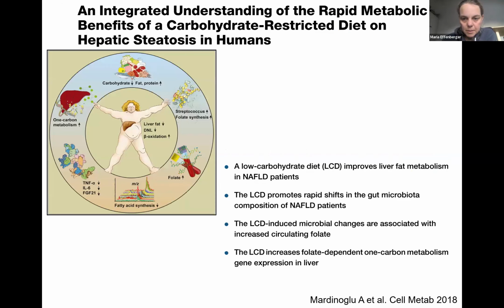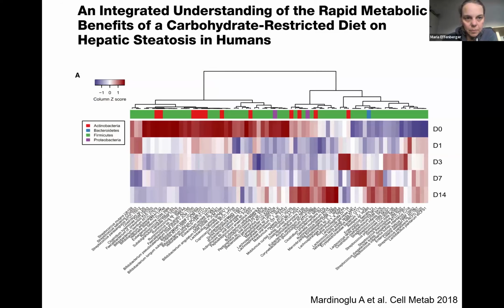And as you can see, this low-carb diet improves liver fat metabolism. It promotes rapid shifts in the gut microbiota composition. It induces microbial changes with increased circulating folate. And this also leads to folate-dependent one-carbon metabolism gene expression in the liver, meaning that the liver is trying to heal.